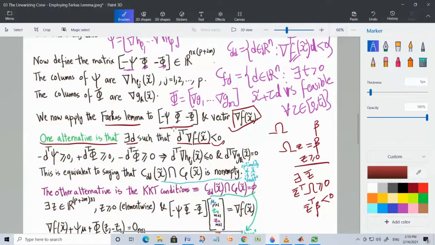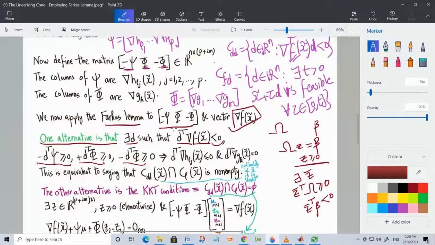Also, by the Farkas lemma, we are still in this alternative. Basically, what we have is that D transpose multiplied by all those guys should be greater than or equal to 0. So minus D transpose psi is greater than or equal to 0, minus D transpose phi is greater than or equal to 0, and plus D transpose phi is greater than or equal to 0.